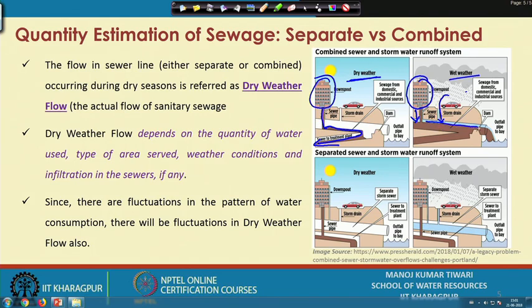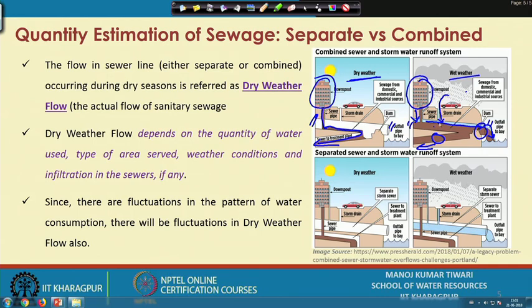Now, based on the capacity of the treatment plant, only that much water can be channelized to the treatment plant, while the remaining can be discharged directly, because there is no capacity for it. So, the idea is that there is only one main sewerage system, which carries the sewage as well as the stormwater runoff.